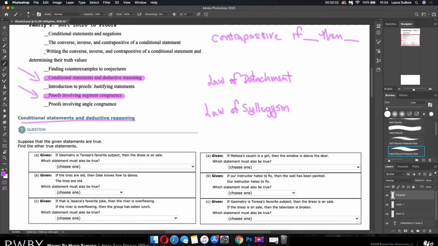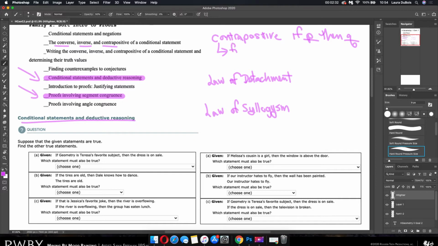Let's make this as abstract as possible, because in the software it says, if the sky is blue, then it is geometry or something like that. So we'll say if P, then Q. When you start flipping things around for converse, inverse, and contrapositive, you're doing a lot of things for a contrapositive.